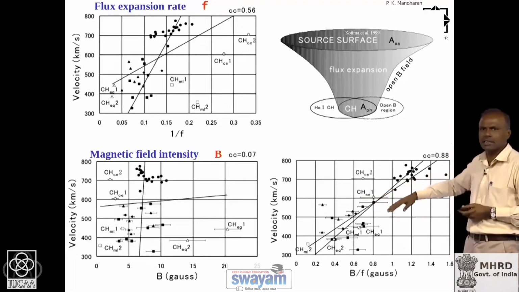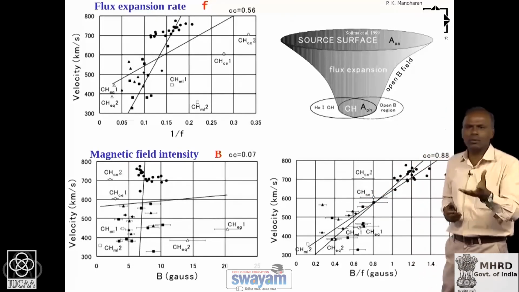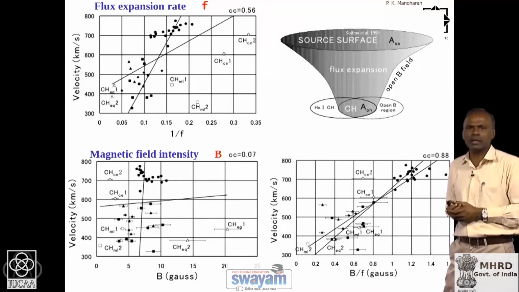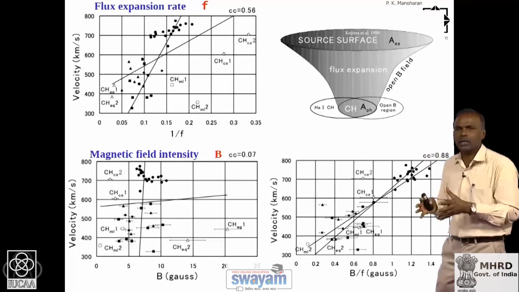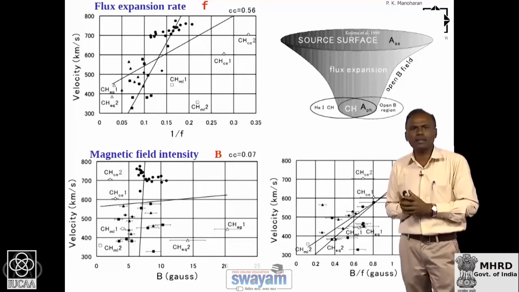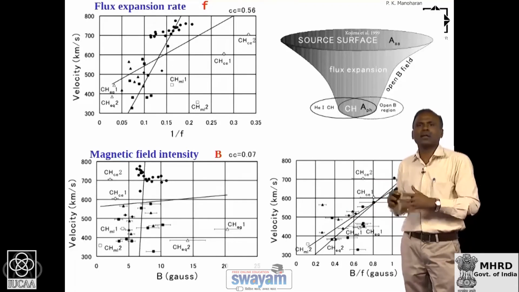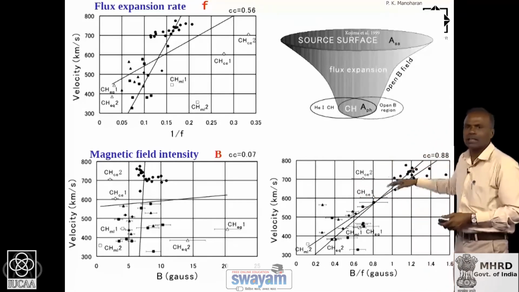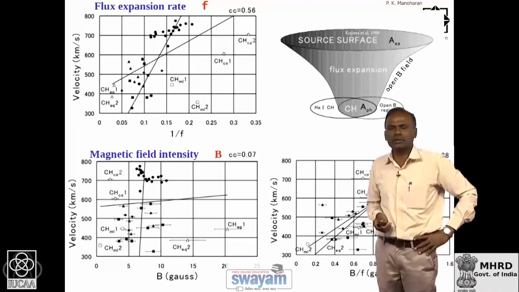So, we can see a good correlation with B over F nicely correlating with the speed of the solar wind. So, the expansion factor alone cannot decide the speed, magnetic field alone cannot decide the speed, but magnetic field combined with the expansion factor could give a good correlation with the solar wind speed.